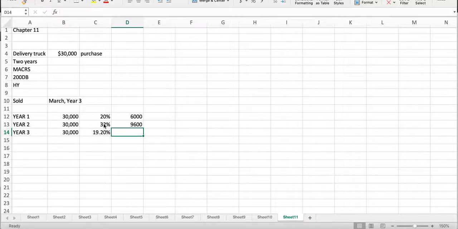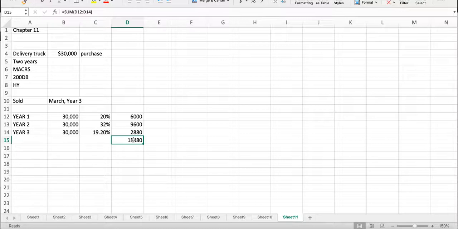And that's how we handle that. And then of course, we have to use that for depreciation recapture and to calculate our gain or loss. So the depreciation that was taken would be $18,480.